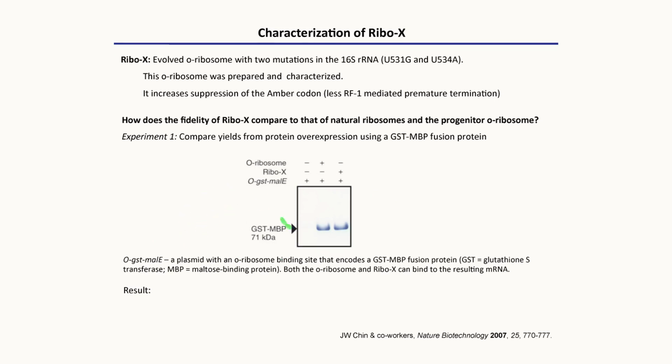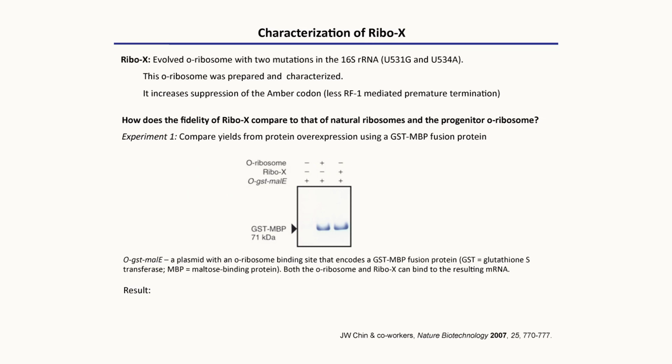And we see that this GST and MBP fusion has a molecular weight of 71 kilodaltons. And what we see up here are the components that were in each of the lanes. So here in this lane, we have no O ribosome, no ribo-X, but the plasmid was included. Here we have the orthogonal ribosome in the plasmid, here ribo-X in the plasmid.